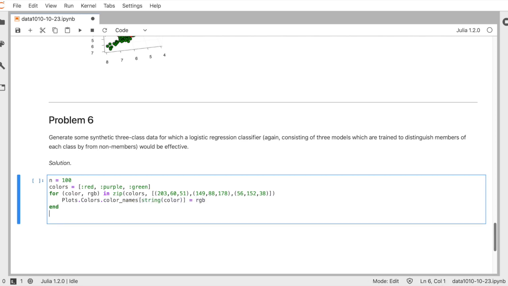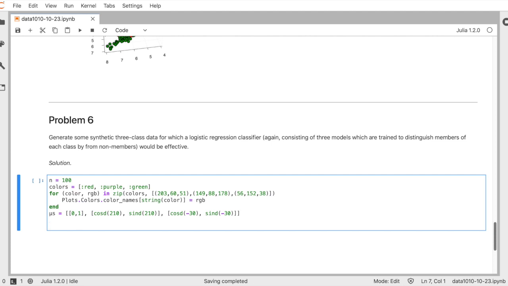Then we can choose as the means of our distribution the vertices of an equilateral triangle centered at the origin. So that's the top point, and then the lower left point should be the cosine of 210 degrees and the sine of 210 degrees in its x and y coordinates. And the point in the bottom right should be minus 30 degrees.